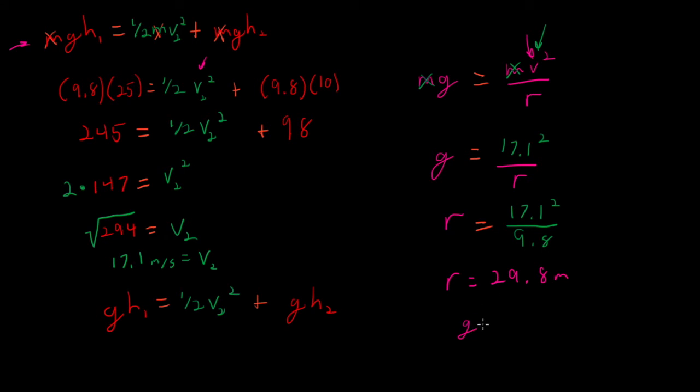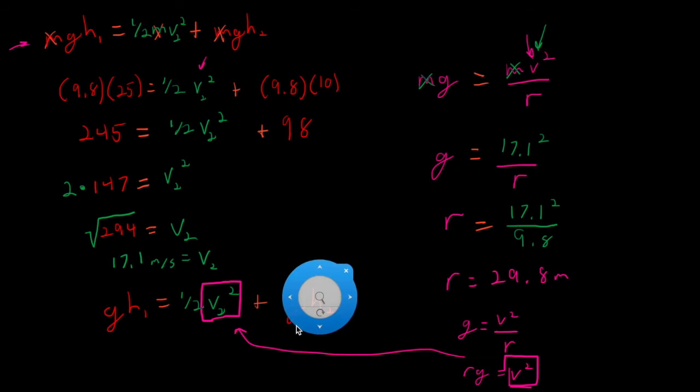That's going to be G equals V squared over R. I can multiply both sides by R and end up with RG equals V squared. Well, this V squared is this V squared. So I can take everything equaling this guy and plug it in right there.